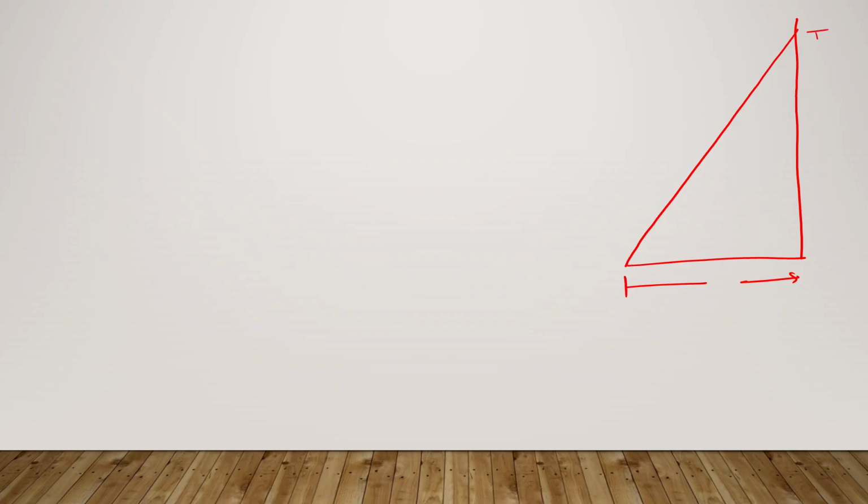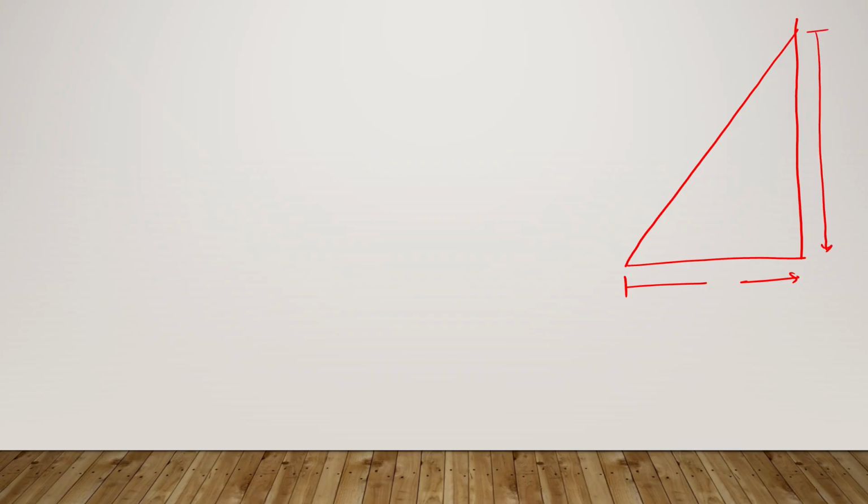Okay, now let us take a real life example and understand why Pythagoras theorem can be useful in real life. So let us consider that there is a wall and a ladder is placed just near the wall like this, and we have to find out what will be the length of this ladder if we know the distance from which we are going to place this and the height of this wall.